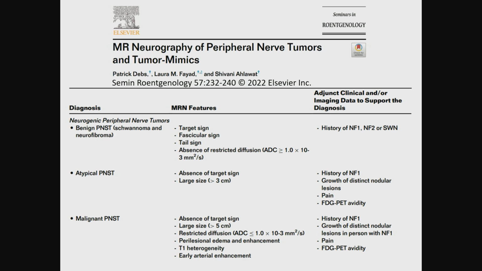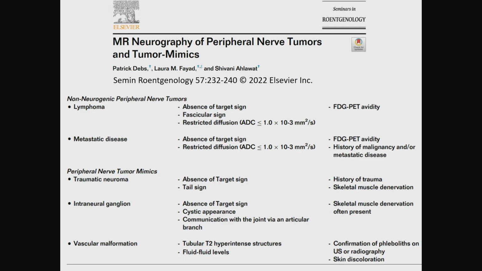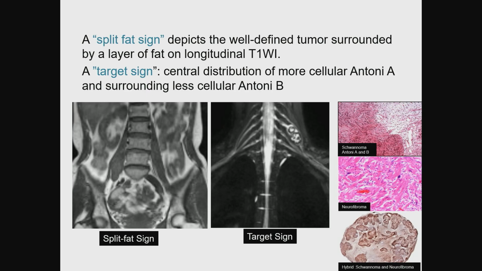So the neurography will really help you with when a tumor is benign, with target sign, fascicular sign, tail sign, and ADC values, where it will be very different with an MPNST. So the clinical correlation and the MRI features will really be helpful. And here, again, are the ADC values that will help you with metastatic disease or lymphoma.